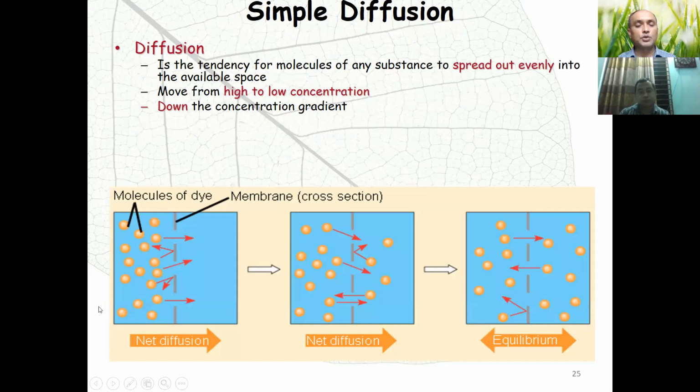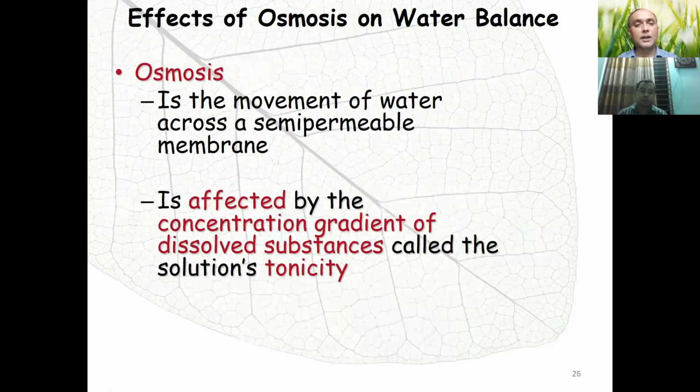In simple diffusion, as in the osmosis experiment, molecules pass from higher concentration to lower concentration. Diffusion is the tendency for molecules of any substance to spread out evenly into the available space, moving from high to low concentration, down the concentration gradient, and this is universal.